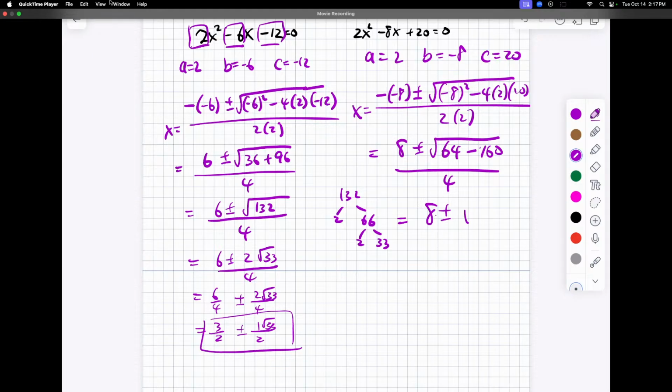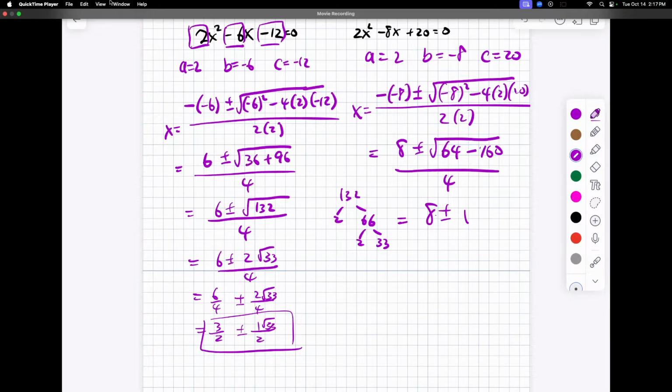So it'll be 2 plus or minus the square root of 4 minus 128, over 8. So it'll be 2 plus or minus the square root of negative 124, over 8. 124 is 62 times 2, and 2 times 31. So it'll be 2 plus or minus 2i root 31, over 8. So it'll be 1 over 4 plus or minus 1 over 4 i square root 31. Is that okay? Okay, yes.